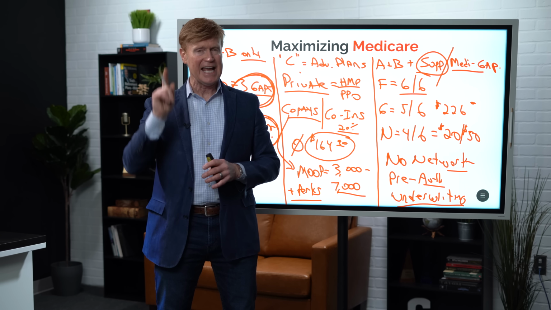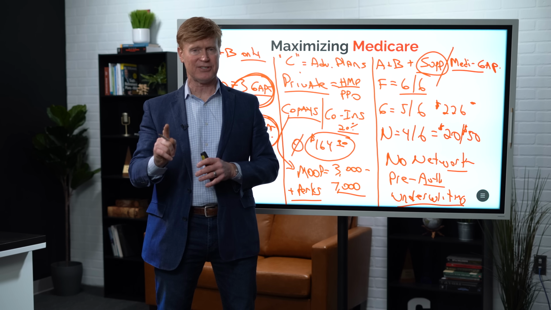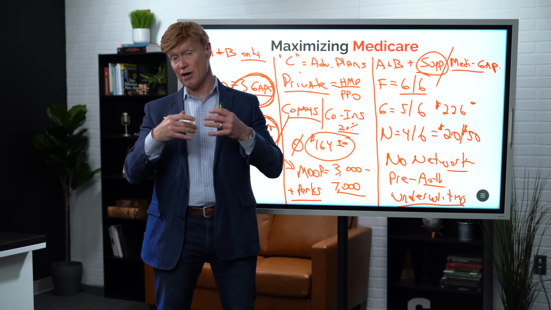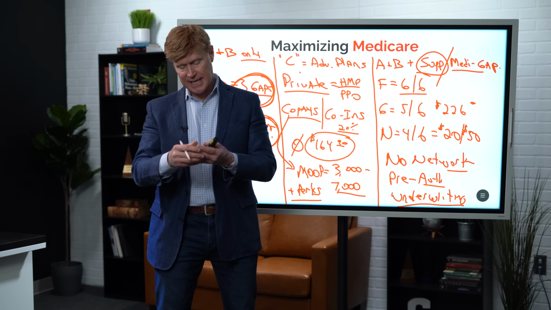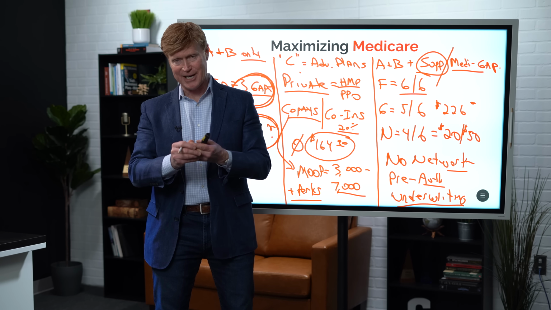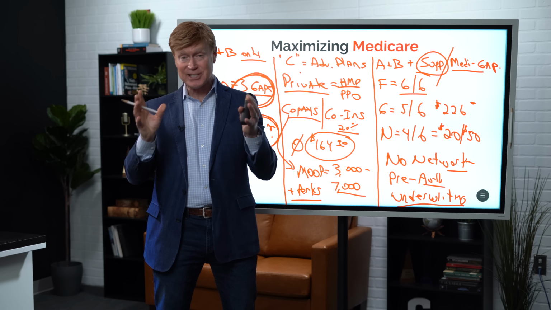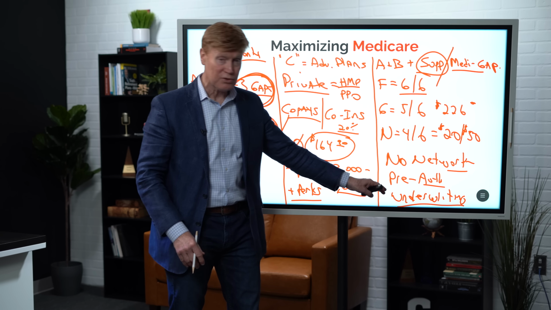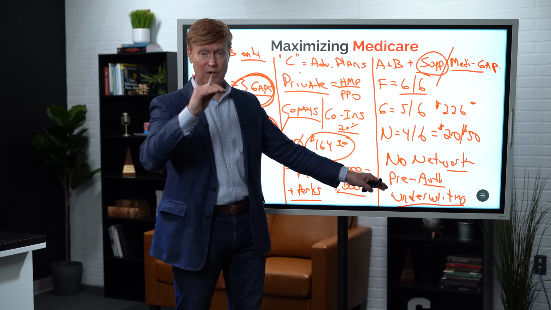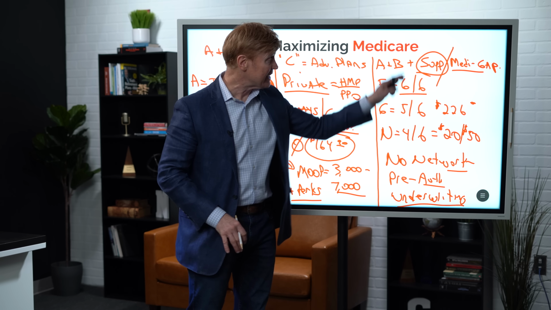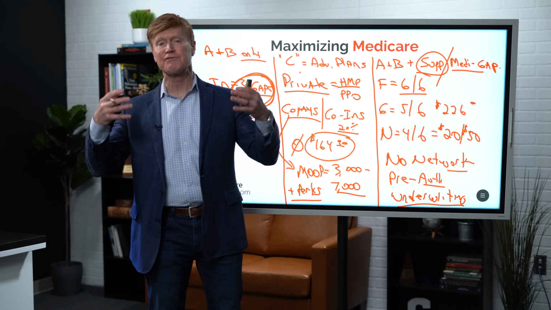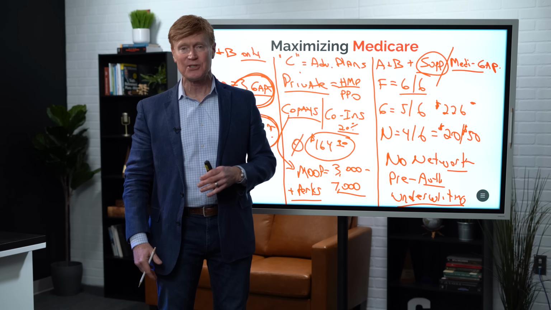But after that, in 46 of 50 states, the 4 states that are different would be New York, Connecticut, Vermont, and Massachusetts. I think I'm right on those. But in 46 of the 50 states, you have this 12-month period, 6 months before you go on Medicare B, 6 months after, with no underwriting. After that, if you ever want to get a supplemental plan, you're going to have to medically qualify.